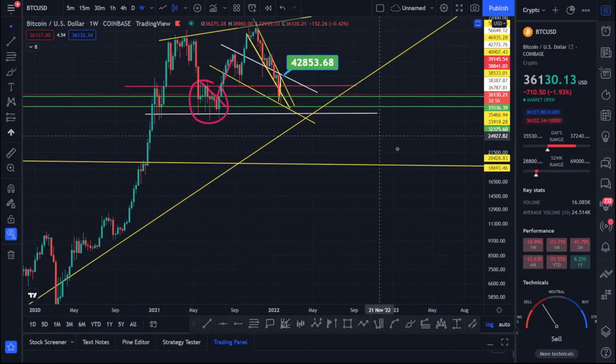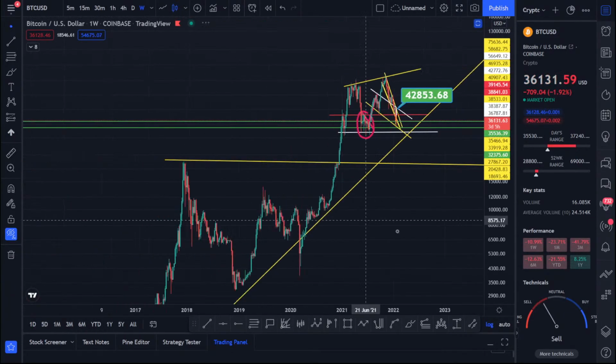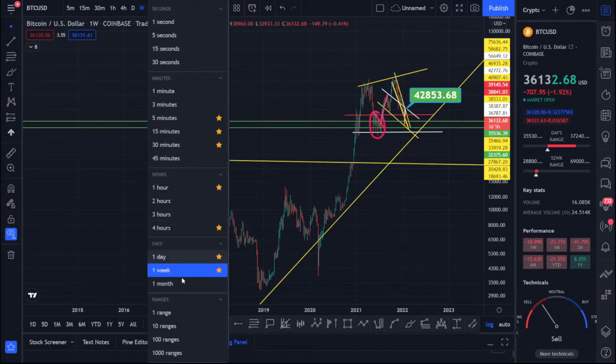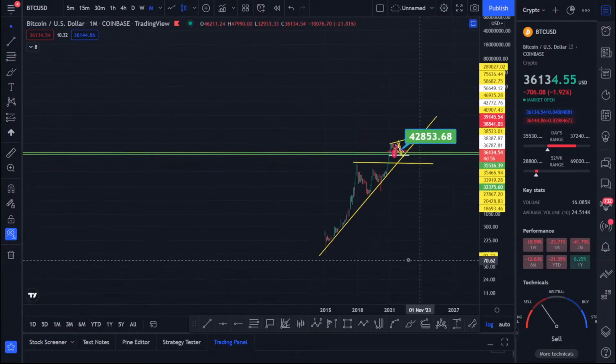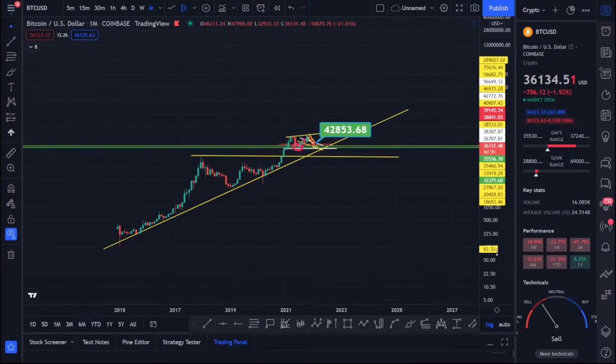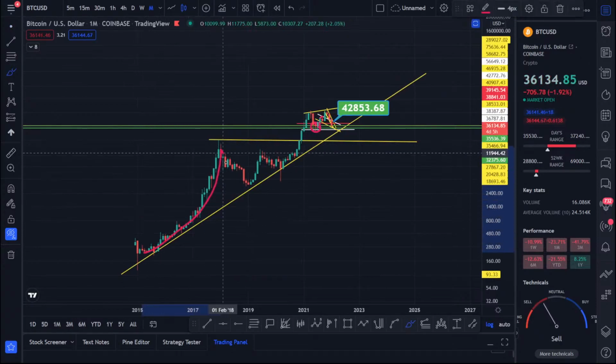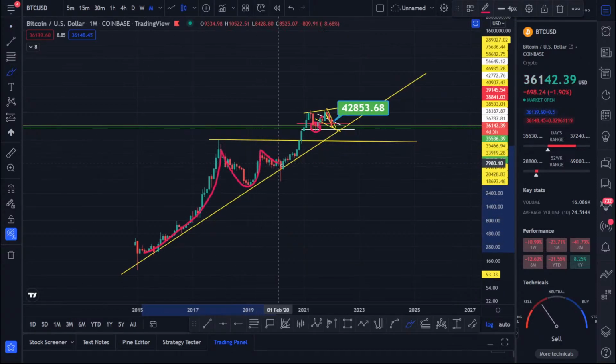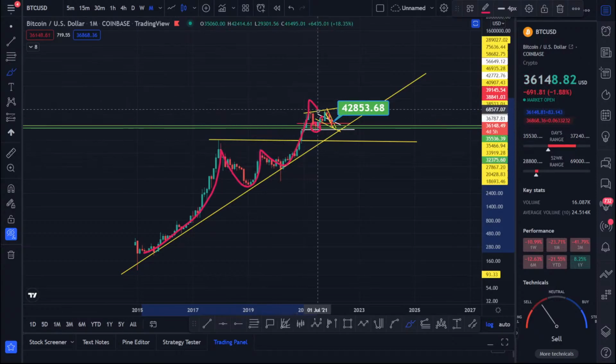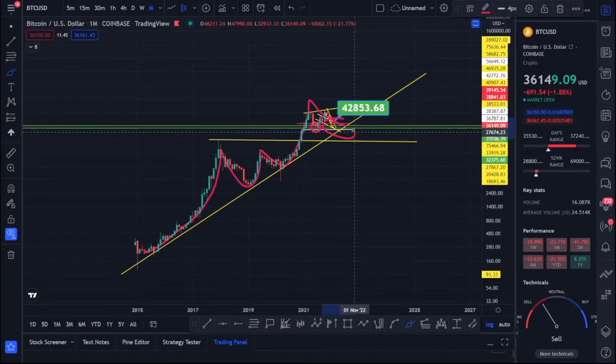And I think, because I told you about this, if you go to the monthly time frame, look at this. You can see that you have this kind of pattern: bounce, bounce, and it might just come here and take a bounce. Now this can be that consolidation area.